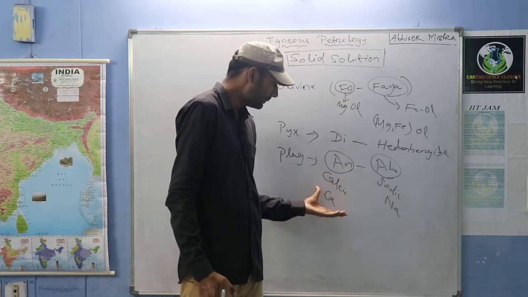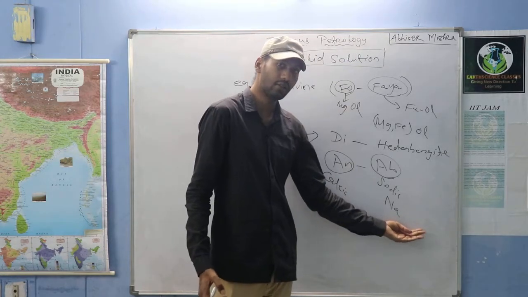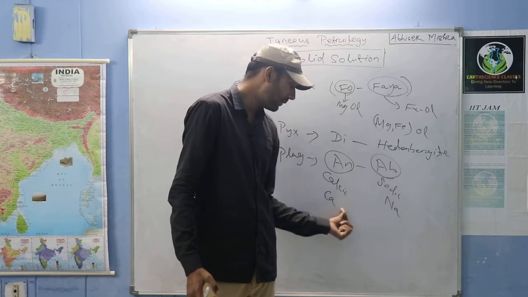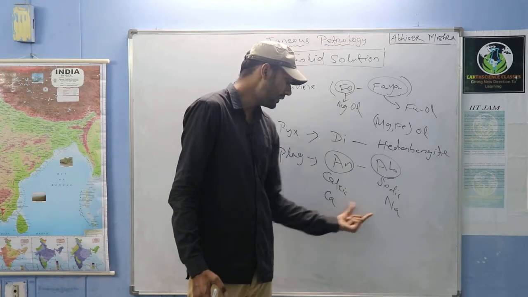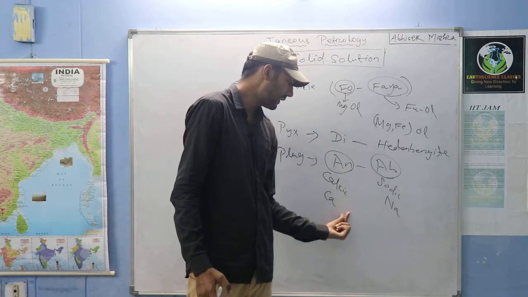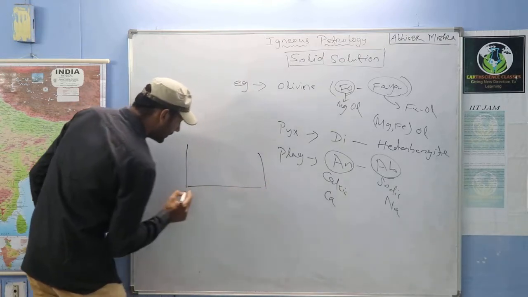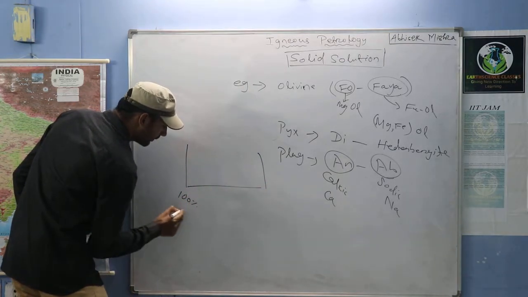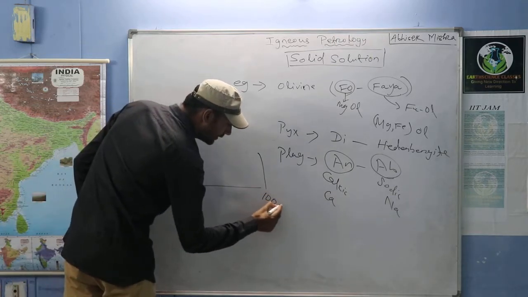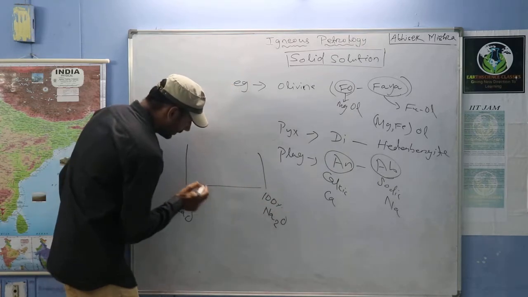Here it is calcic silicate, at the other end sodic silicate. In between the end members, minerals can crystallize with different compositions. Here it is 100% calcic, here it is 100% sodic.